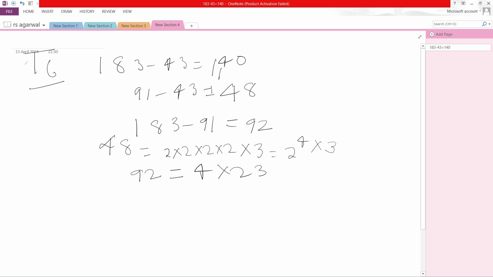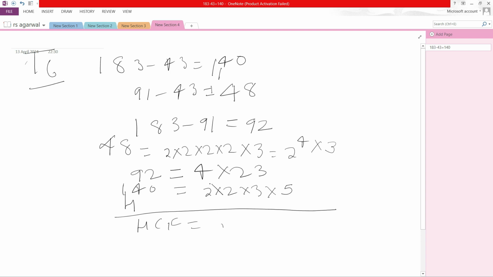After that next is the 140, 4 into 35. So if we take the HCF, HCF is 4 here.